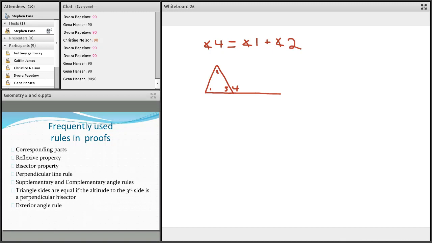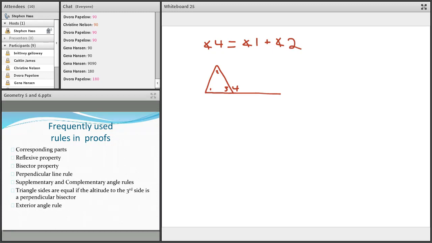What do 3 and 4 have to add up to altogether? 180. Why? Because they're a linear pair. What do 1, 2, and 3 have to add up to? Also 180. Why? Because the three angles in a triangle have to equal 180 degrees.